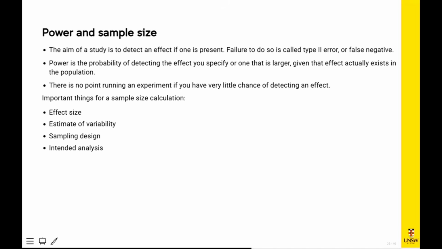You need to know how your data will be generated and what statistical model you intend to use to analyze your data. These are all really important in order to get a good sample size estimate when you're planning for your study.